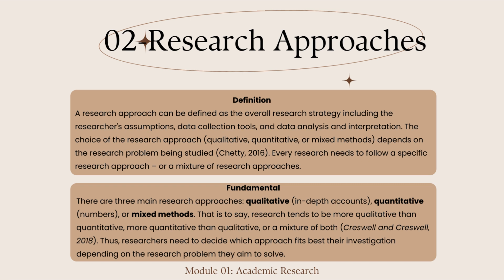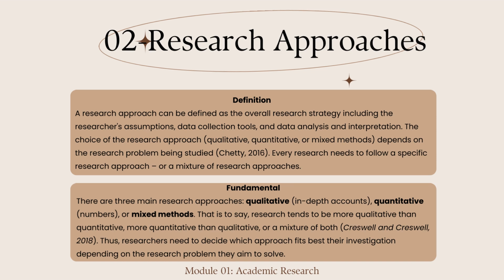There are 3 main research approaches: qualitative, so you want to collect in-depth accounts. Quantitative, you want to collect numbers, or mixed methods. So mixed methods is doing both. So you want to have in-depth accounts, and you want to have numbers as well.